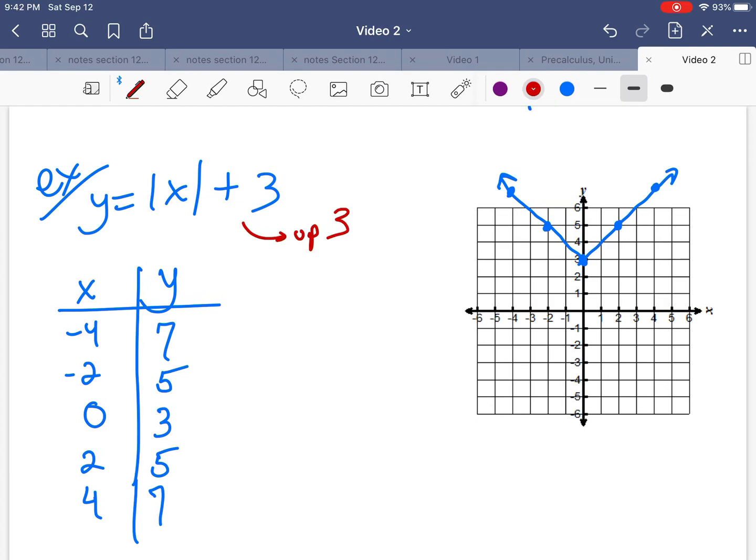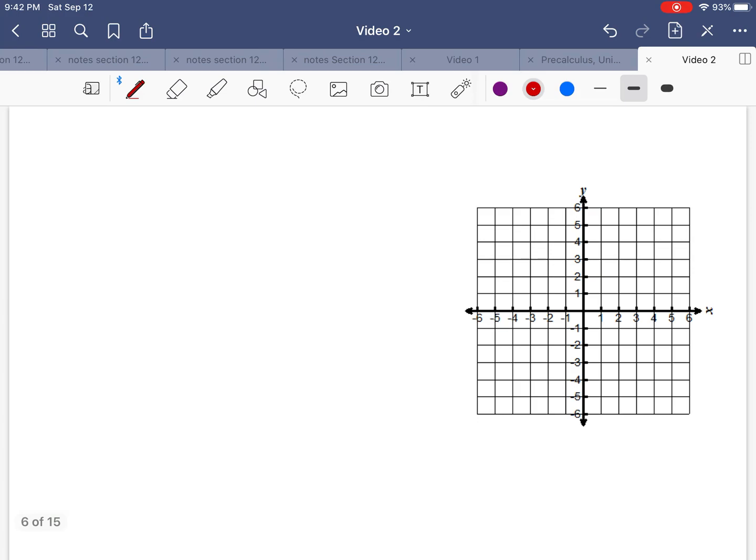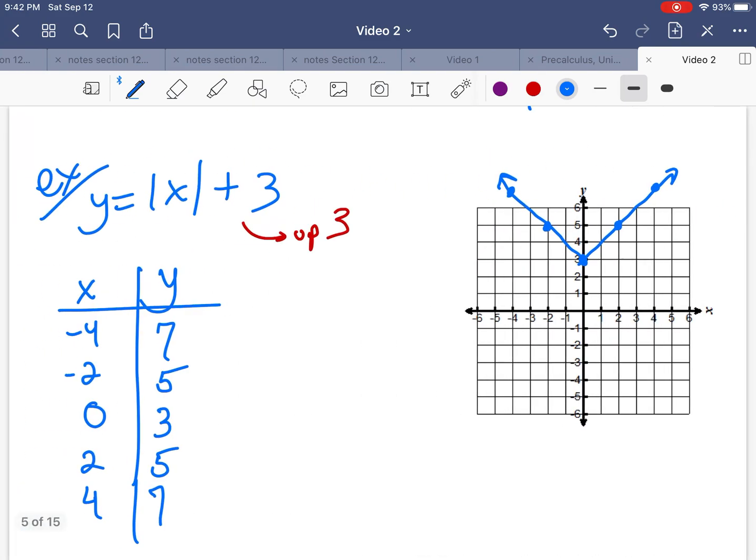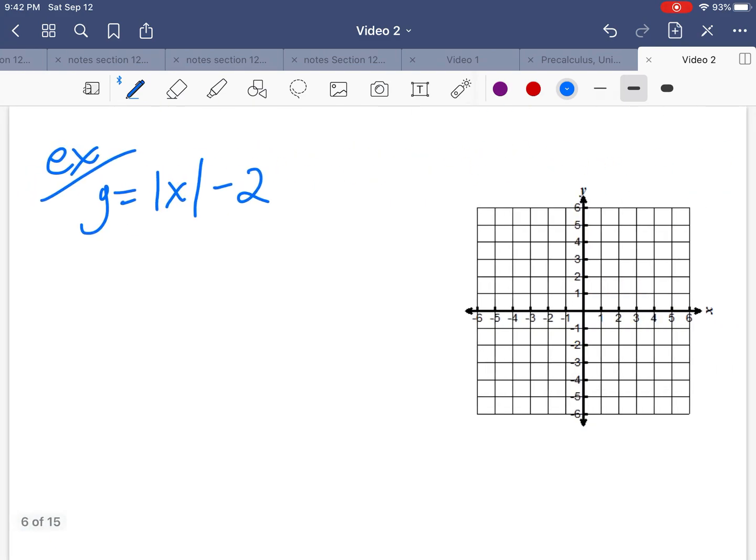All right, so let's just do one more of this, and we'll start to piece it all together. Let's say, for example, I had absolute value of x, and let's say I put a -2. Based on what we just learned, this one was up 3, so guess what? This is down 2. So down 2 means my center is now right here at -2, and my right side goes up 1 over 1 as my slope.